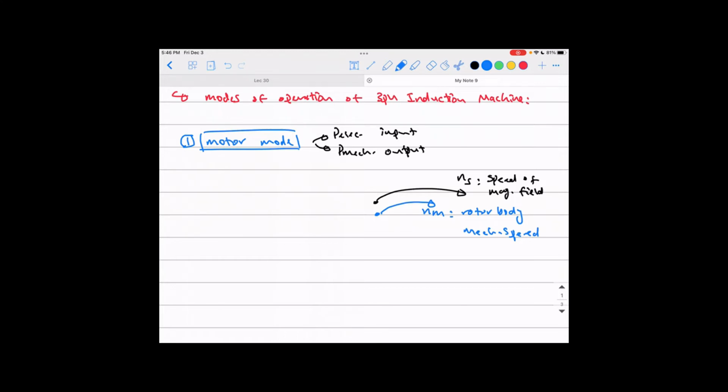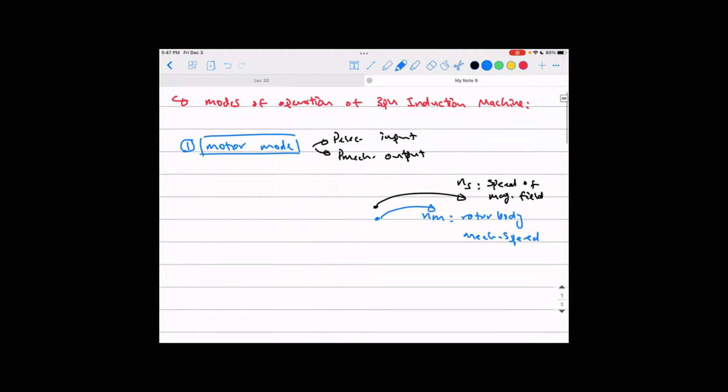It is in the same direction as the synchronous speed, which is obvious, because for the motor, the rotor just slips behind the magnetic field speed, like we had before in the theory of operation of this kind of machine.